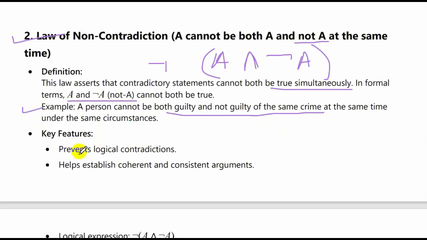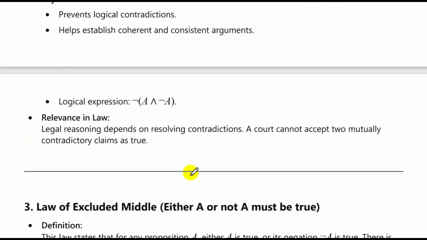Key features: it prevents logical contradictions and helps establish coherent and consistent arguments. The logical expression is A and not A has to be negated. Relevance in law: legal reasoning depends on resolving contradictions. A court cannot accept two mutually contradictory claims as true.